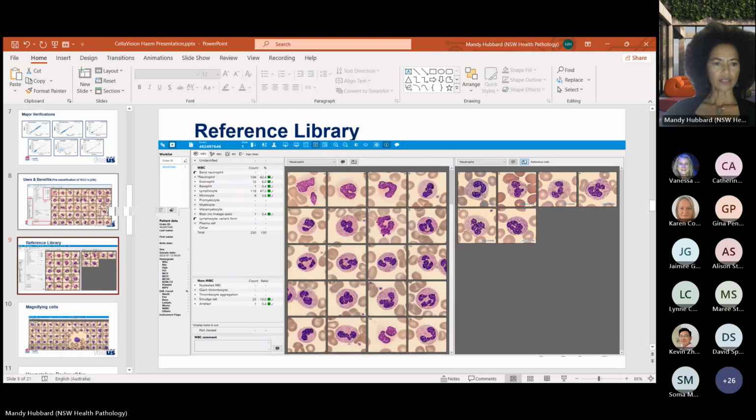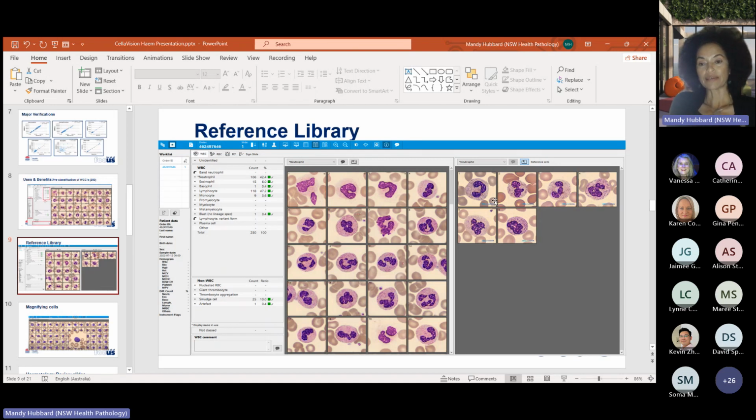We also have a reference library. Particularly for the younger or newer morphologists, if they're reviewing a particular white cell, they can look up in the library to see what that kind of cell looks like, whether it be a normal or abnormal white cell.